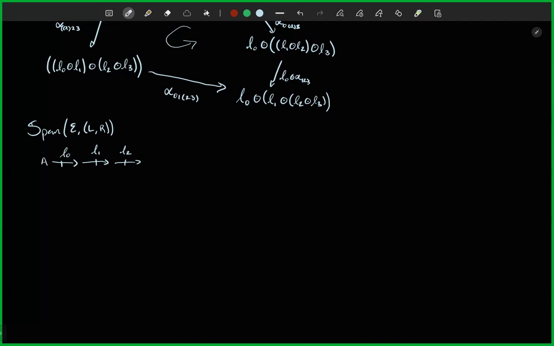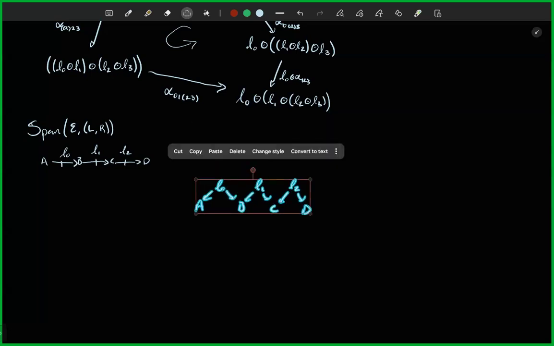Well, let me give some names to this. So we have objects A, B, C, and D, and then we have three spans, L naught, L1, L2, right? So now let's take the composite that would form.